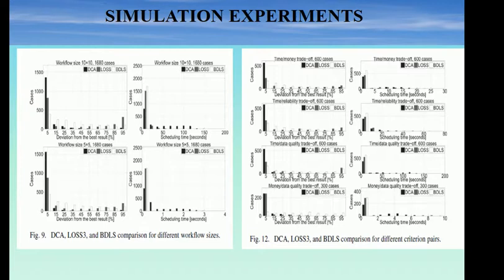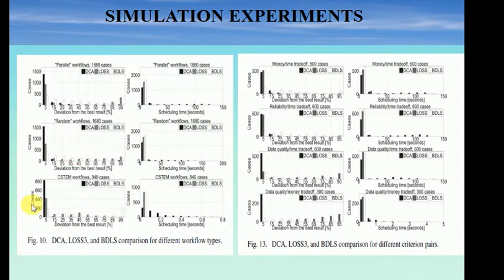Here the DCA gives the best result at the expense of high computational activity or complexity, might be. And when we see in this diagram, it compares with the different workflow types. Though the DCA performs the best, it has increased computational complexity.